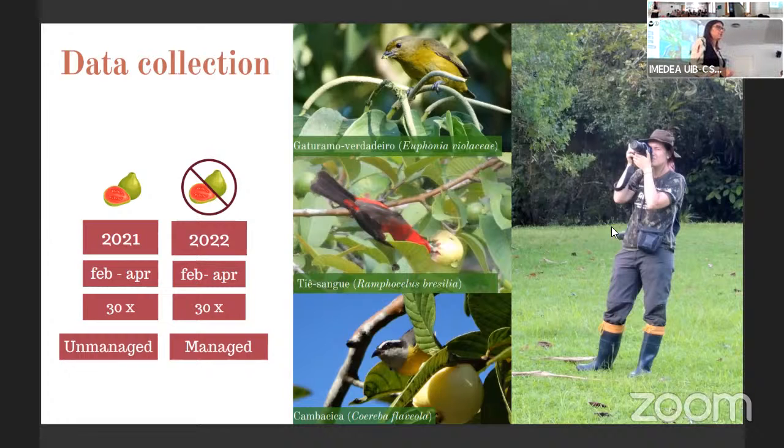For example, I used here a protocol for guava control that was developed in another environment. In those environments, they don't regrow. And here they regrow, and I needed to go there another time to do another type of control.